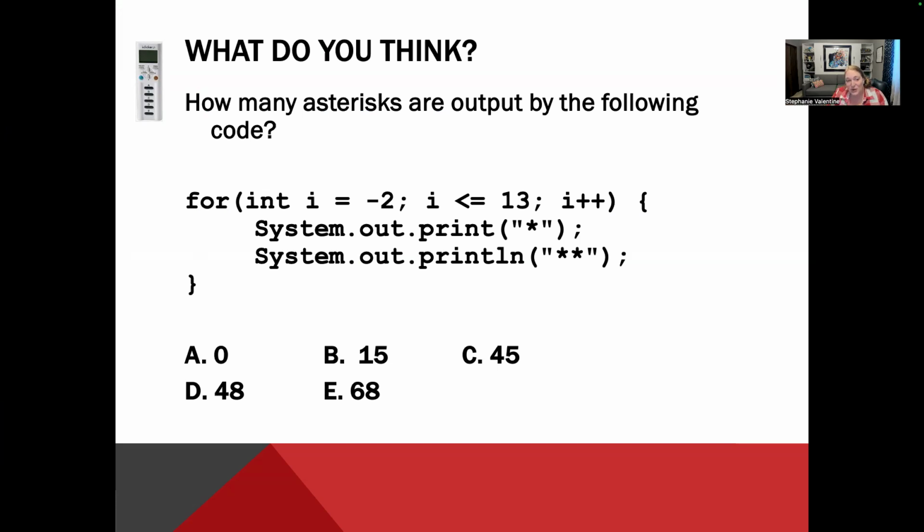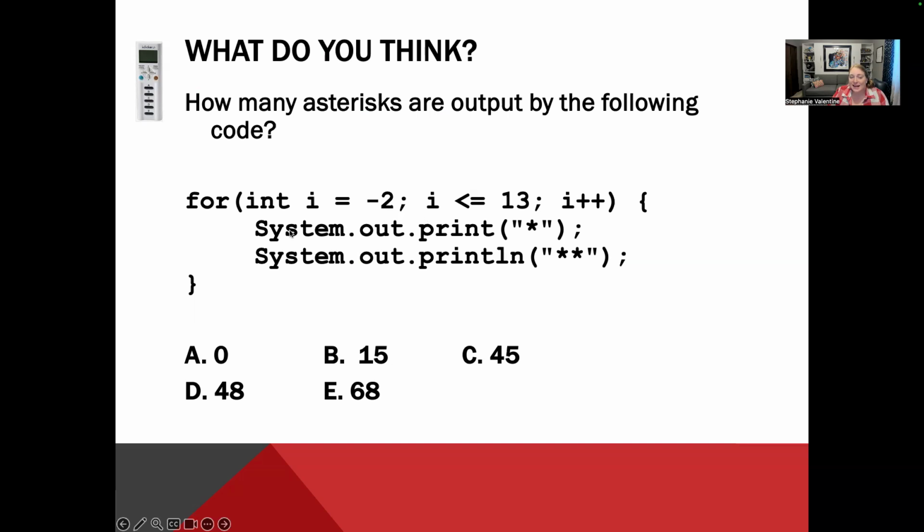Okay, so we're starting at i equals -2. We are going until i is less than or equal to 13, and we increase by 1 each time. So we see we have -2, -1, 0, and then up to 13. So we need to execute this 16 times.